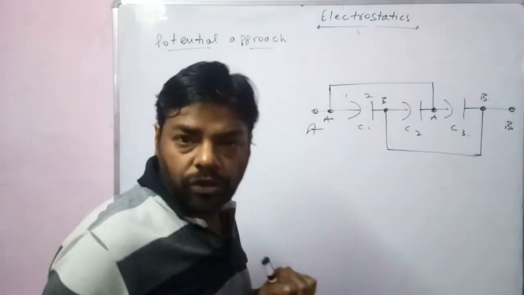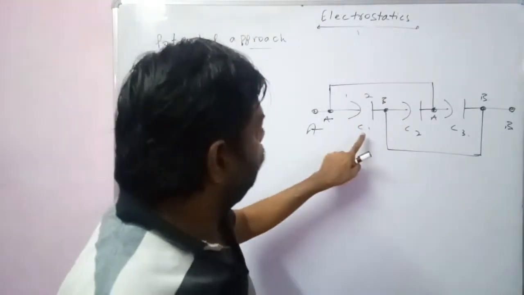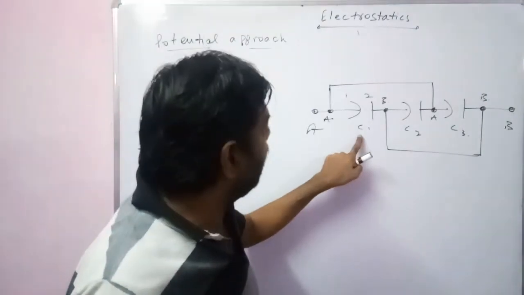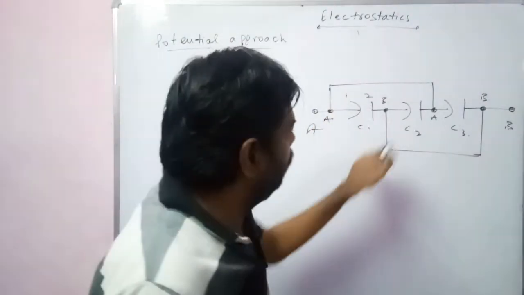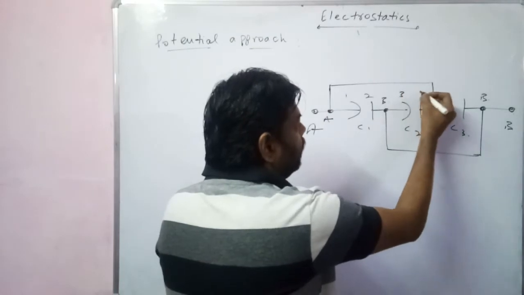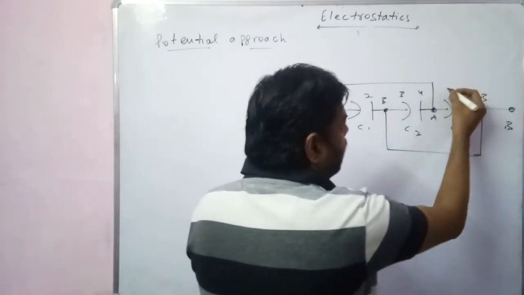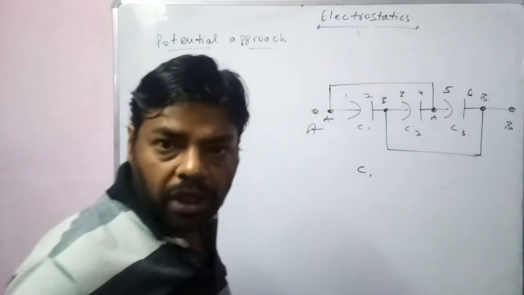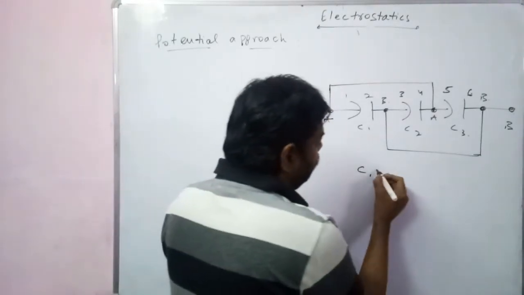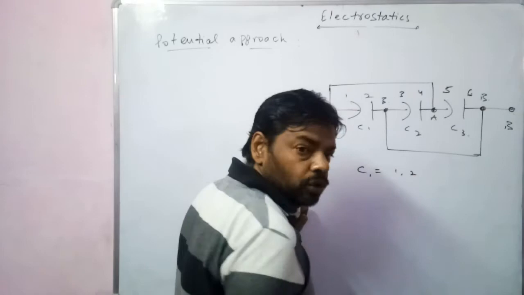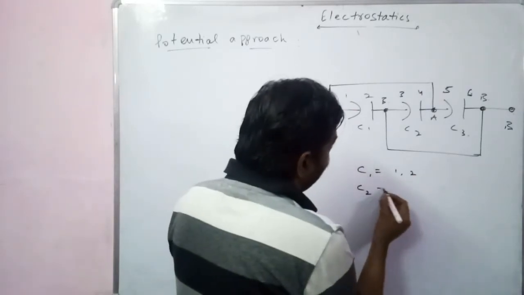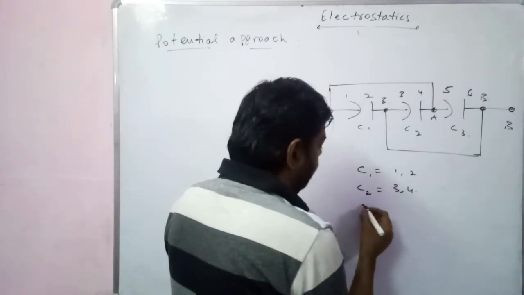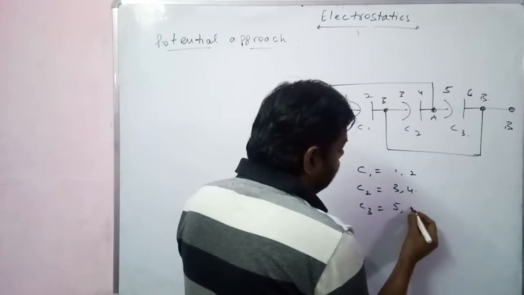I am marking the plates of the capacitors with numbers. Capacitor C1 is marked as 1, 2, C2 is marked as 3, 4, and C3 is marked as 5, 6. Now we have to write out the names of the capacitors. C1 is 1, 2, C2 is 3, 4, and C3 is 5, 6.